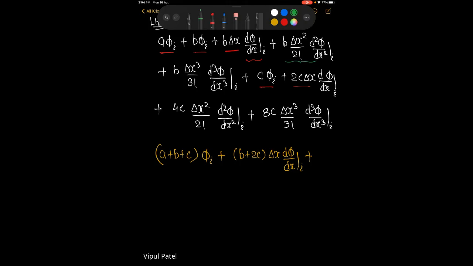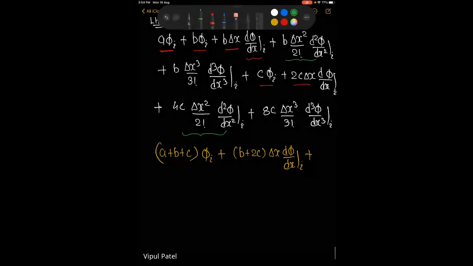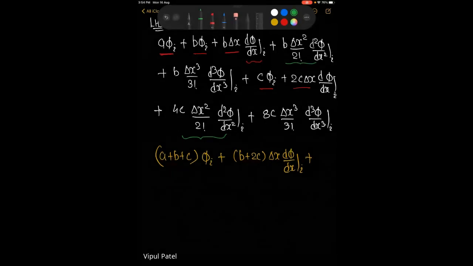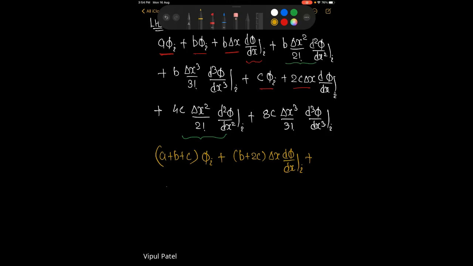So one of the terms is over here and another one is over here. Okay. So with that, I can say that my equation becomes b plus 4c delta x square by 2 factorial, then d square phi by dx square at any node I.